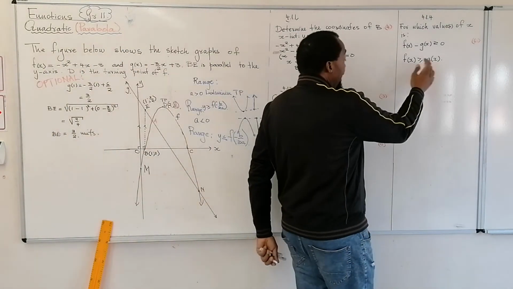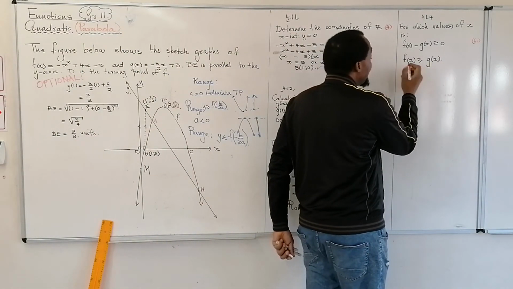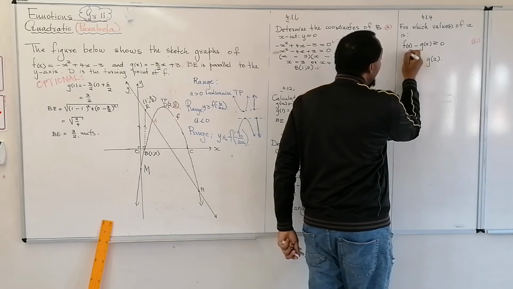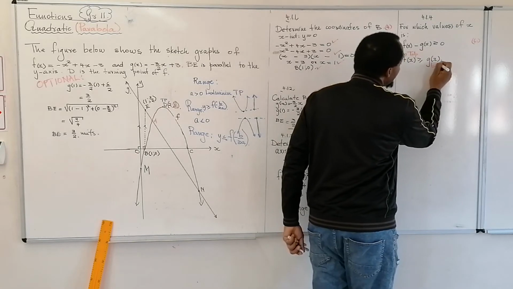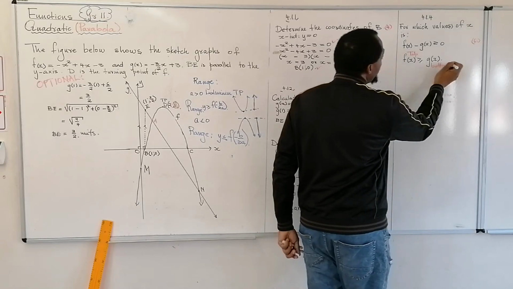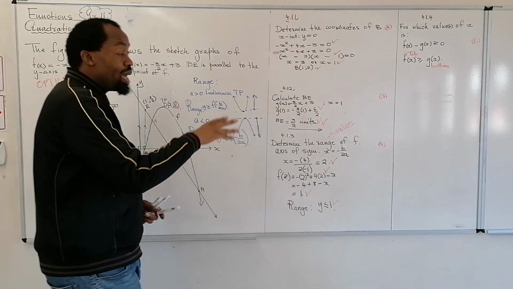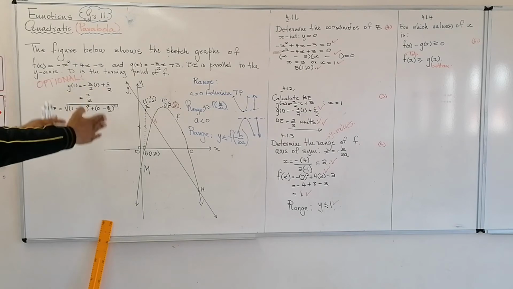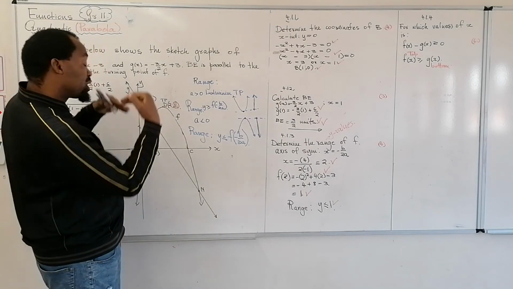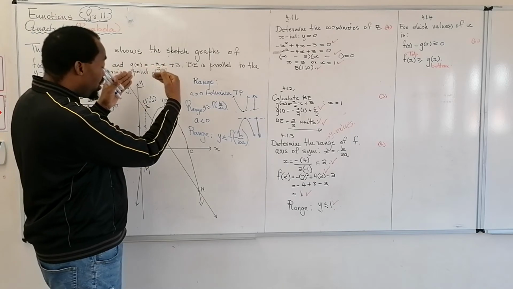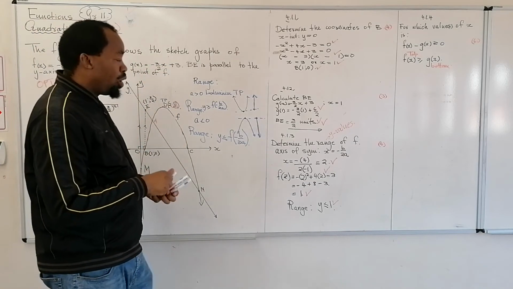Now, you look at this, I'm saying f must be bigger than g. That means f must be on top and g must be at the bottom. What am I talking about? I'm talking about the graph there. My graph of f must be on top, my graph of g must be at the bottom.